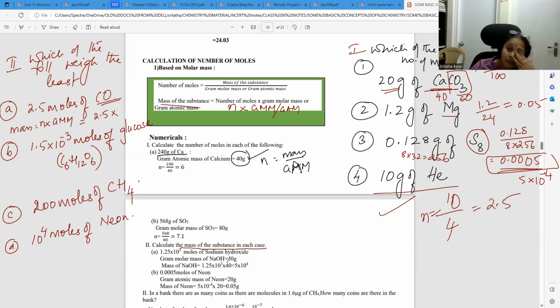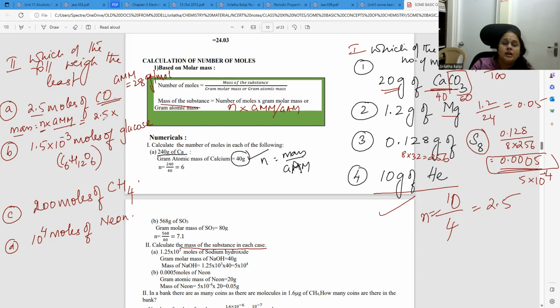So come on, what is the molar mass of carbon monoxide? 12 plus 16, which is 28. 28 U or 28 grams per mole. So what is mass? Number of moles multiplied by gram molar mass.